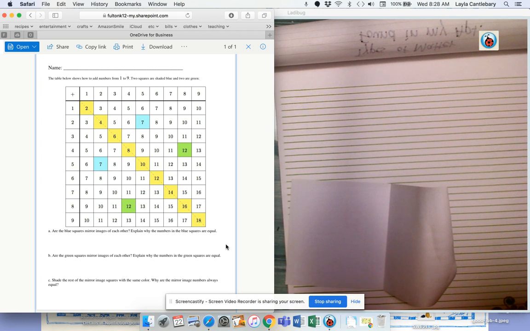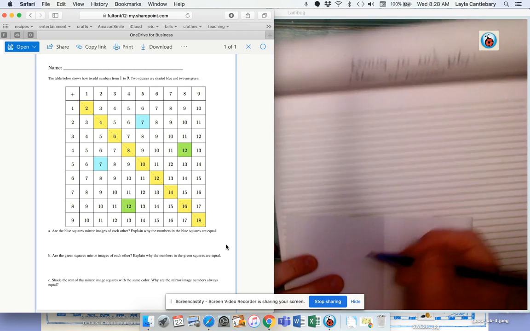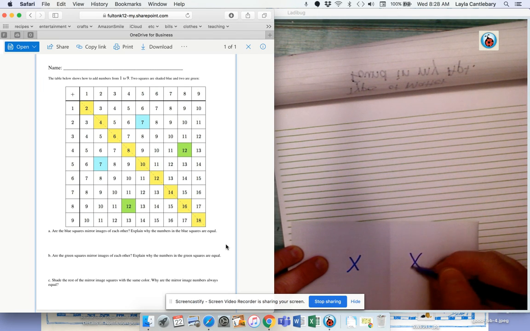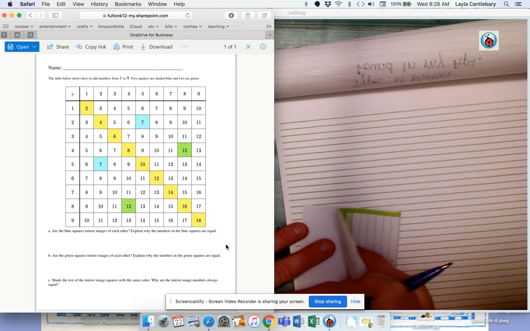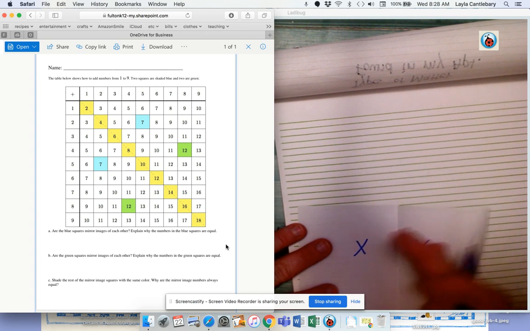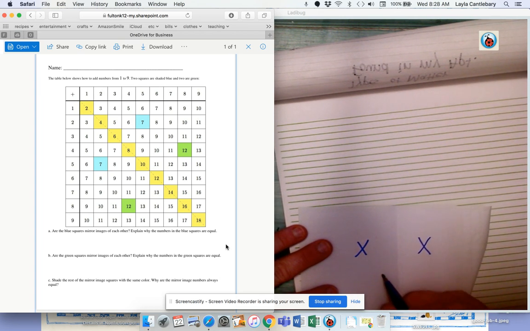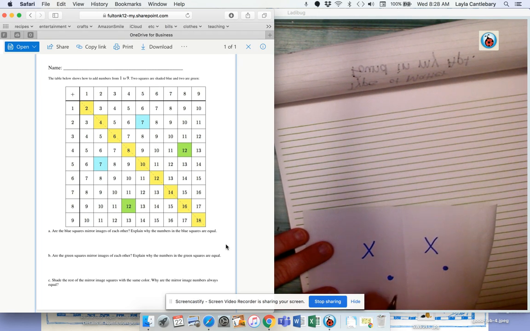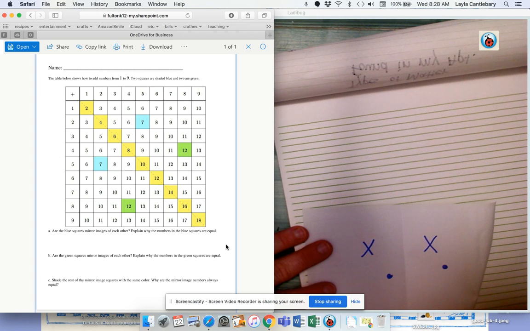So, for example, I might say, are these mirror images of each other? Well, if I fold them together, they pretty much meet up. So I would say, yes, they're mirror images of each other. But if I'm looking at these circles, are those circles mirror images of each other?